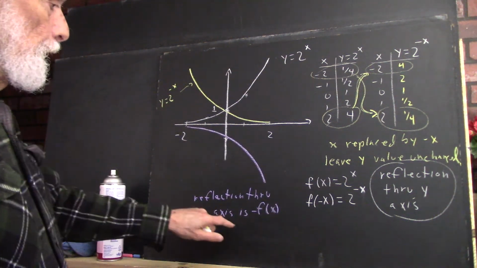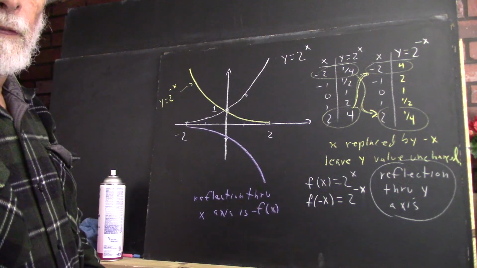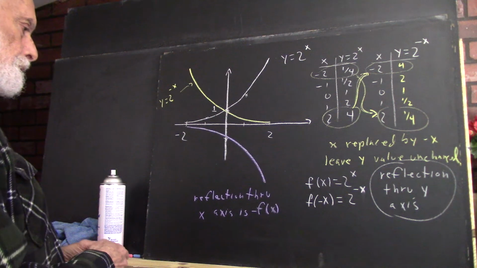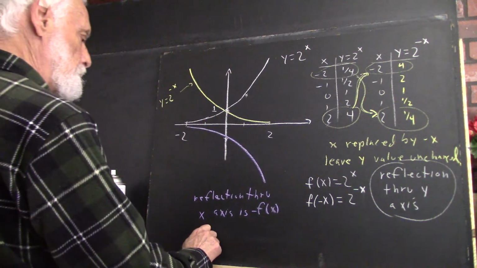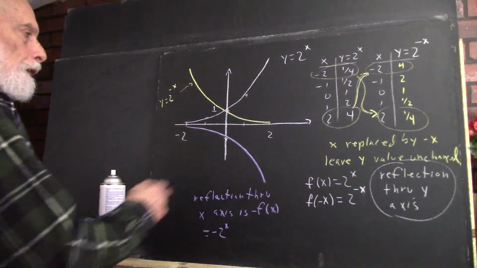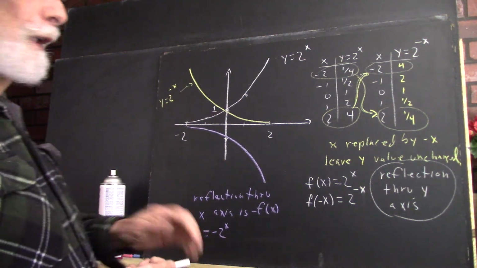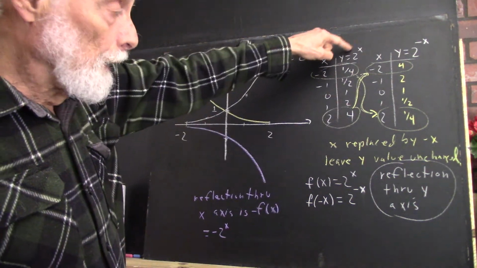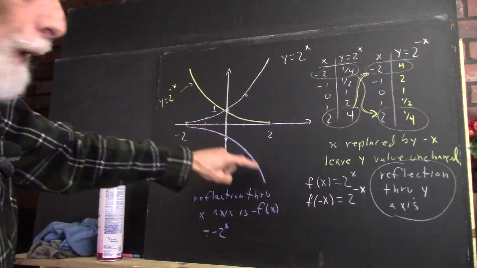So the reflection through the x-axis is negative f of x. So that would be negative 2 to the x. And if you look at the table, if you make all these numbers here negative, so you get negative 2 to the x, it's going to match this graph.